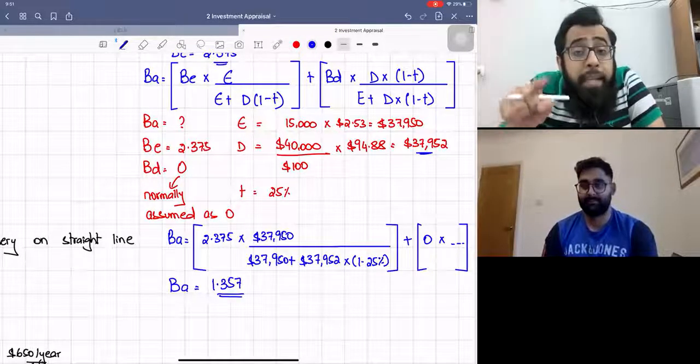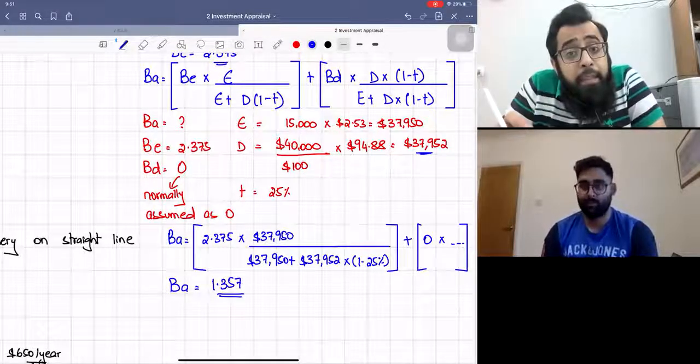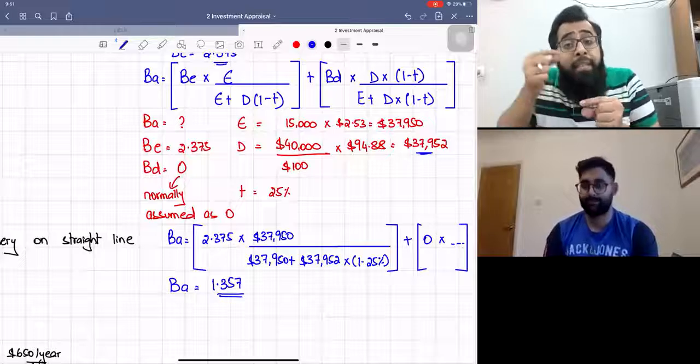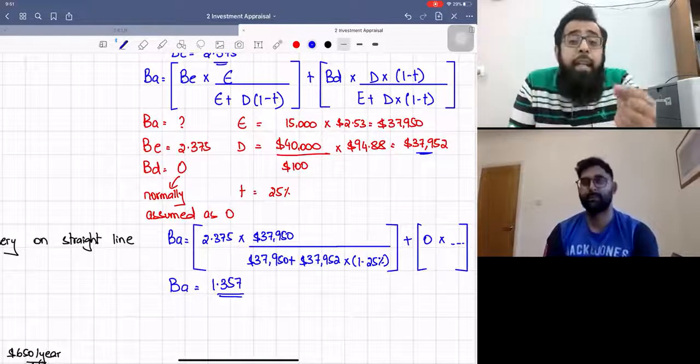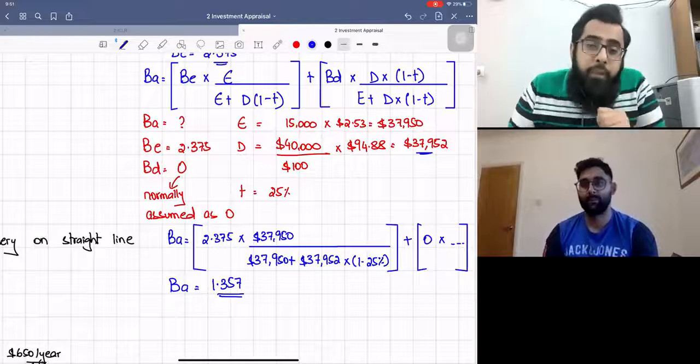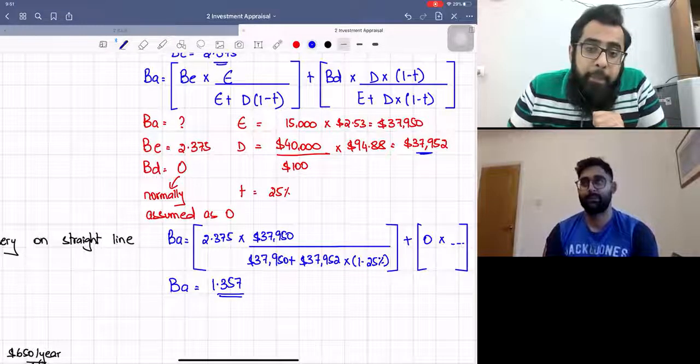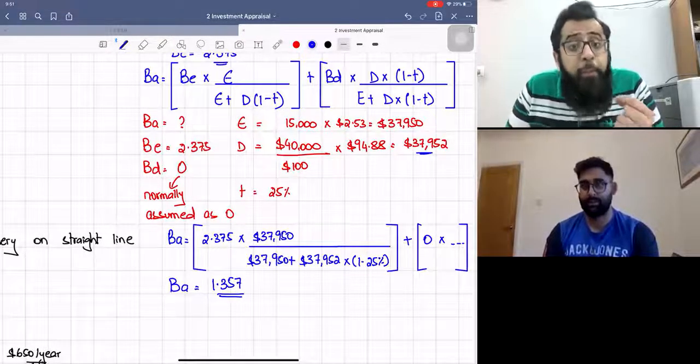Now this is the beta asset of the company. That beta asset is the risk of the project. Through this risk, I will calculate the cost of equity for that project, the rate of return of that project.